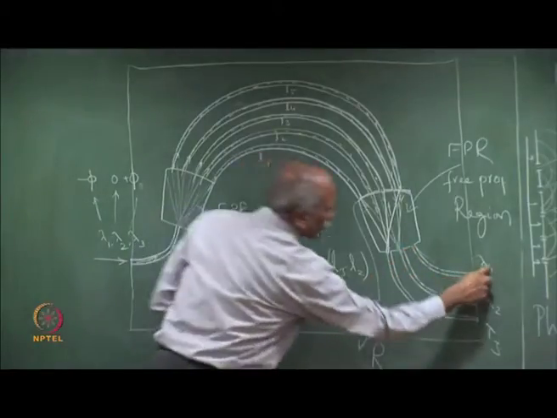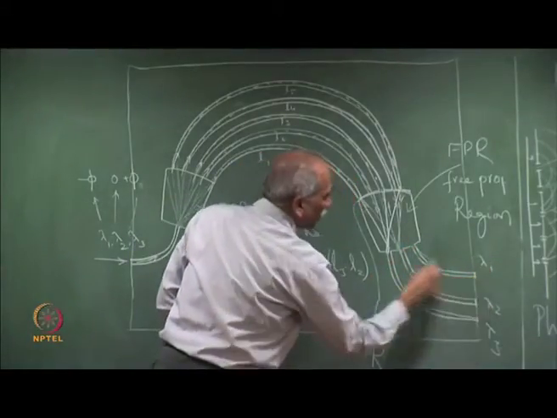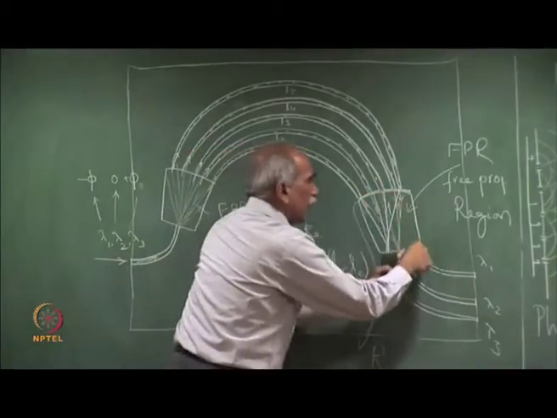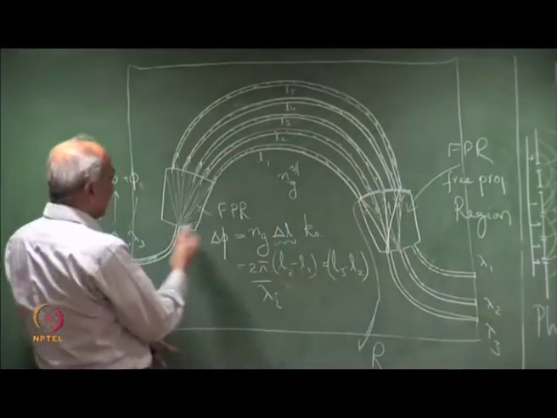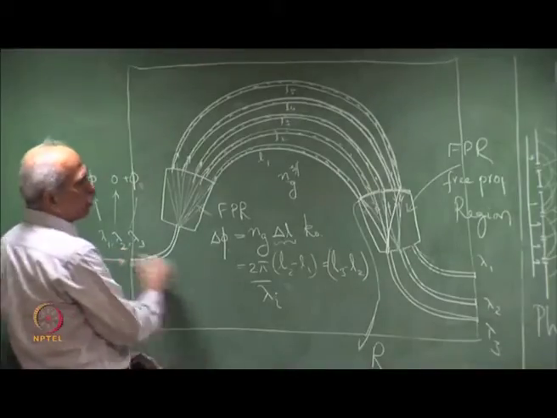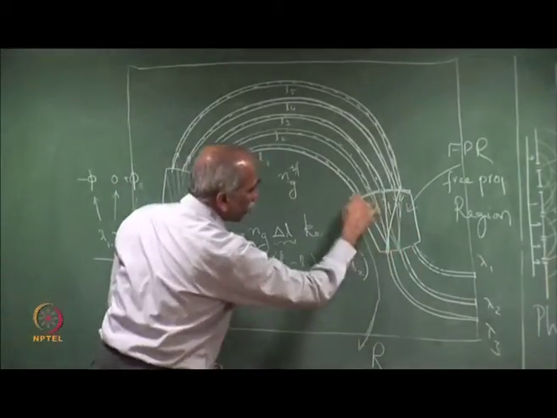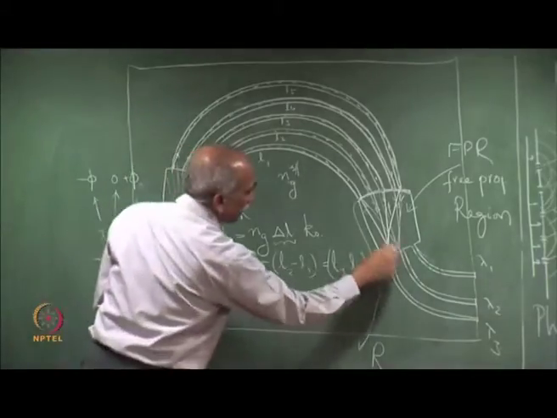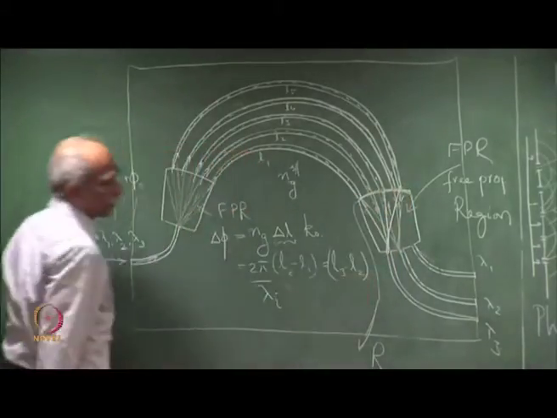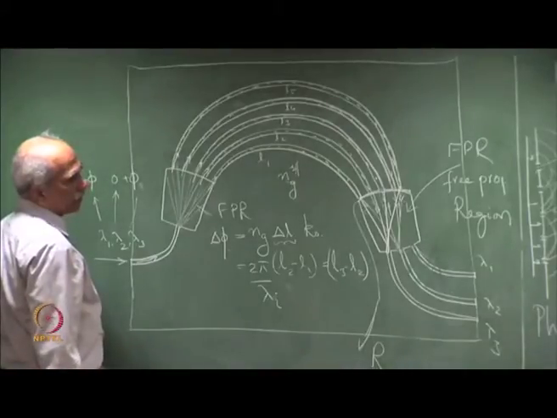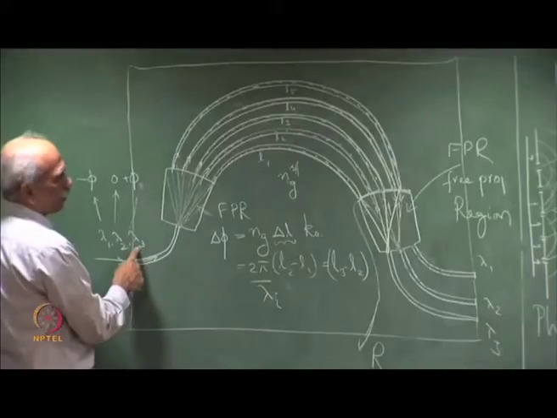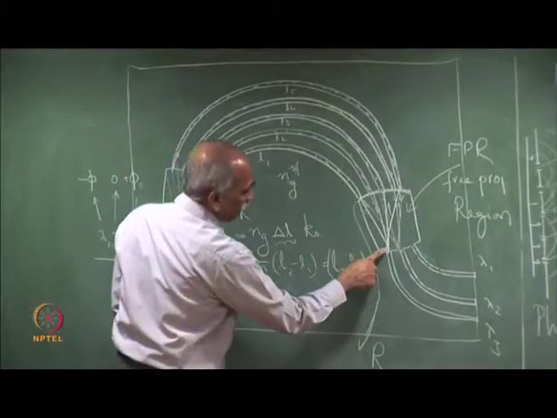Because there is a constant phase difference, that lambda 1 does not come straight, it comes out at an angle. At the center wavelength lambda 2, all of them focus at the center of this radius of curvature. And at the third wavelength lambda 3, all of them focus here.